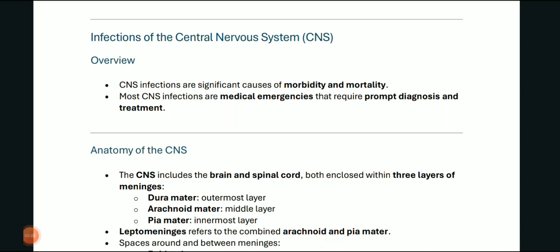Hello everyone, now we'll be starting with section 9 of Apurba Sastry's Essentials of Microbiology, which is regarding central nervous system infections.